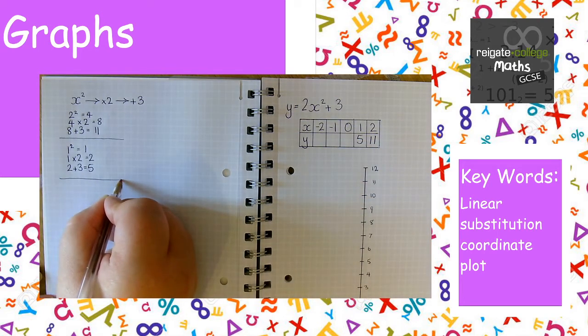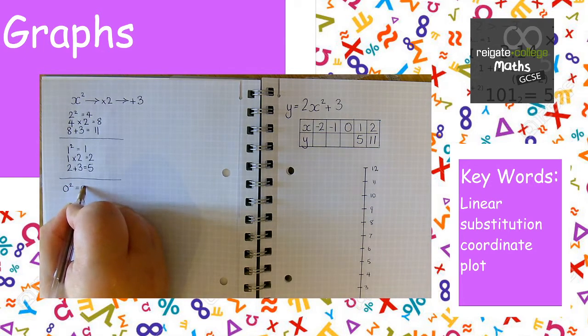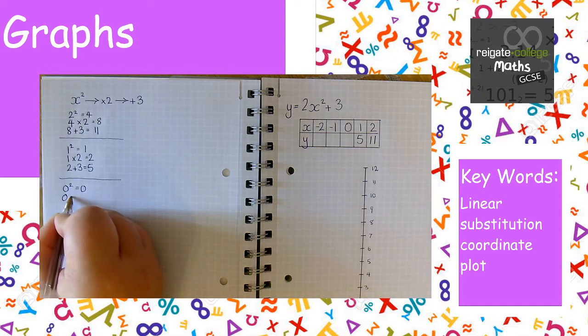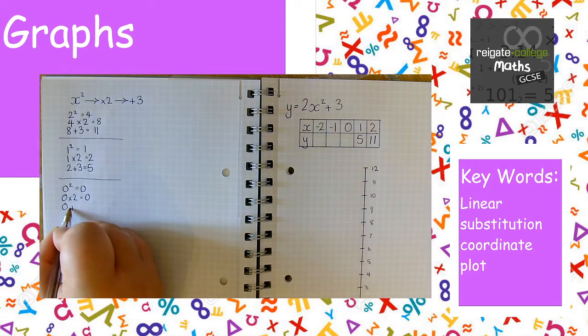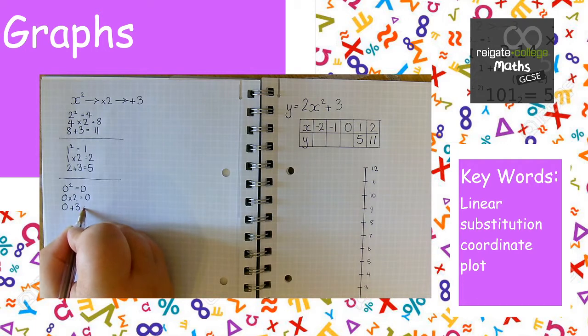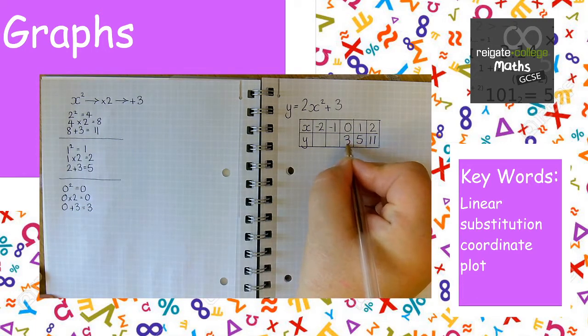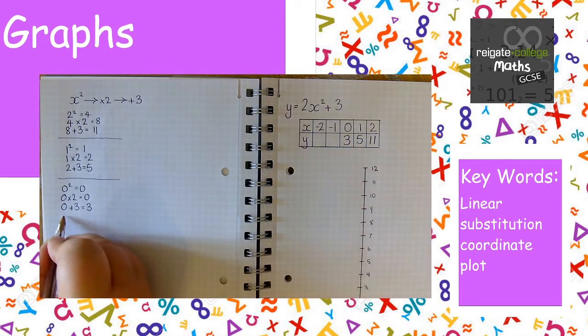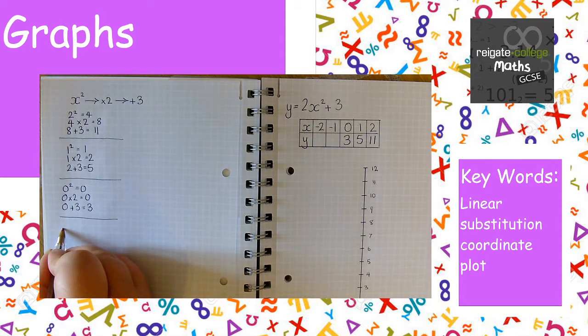Now I'm substituting 0. 0 squared, that's 0. 0 times 2, still 0. 0 add 3 gives y a value of 3. My next substitution is where x is equal to minus 1.